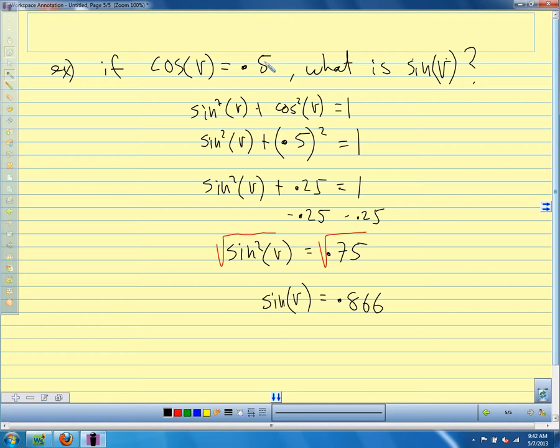Cosine of v is 0.5, sine of v is 0.866. Sine squared plus cosine squared equals 1. Using our Pythagorean identity. Questions on that problem?